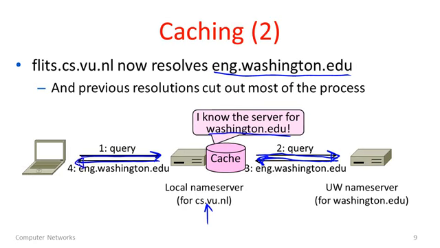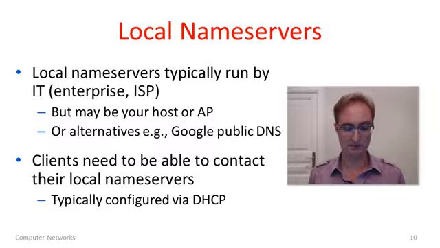And you can see here, we've cut out a lot of steps. So we've potentially made the resolution much faster. Okay, so that's caching. Caching is really quite important for improving performance of the DNS.